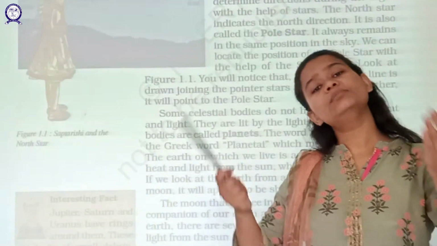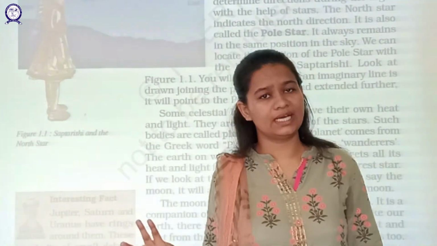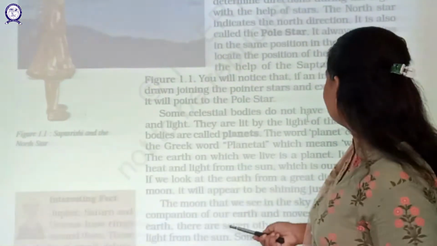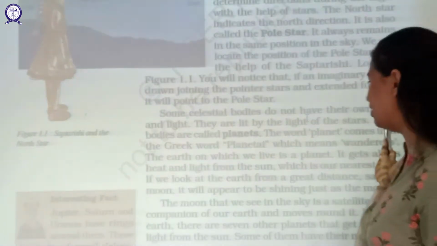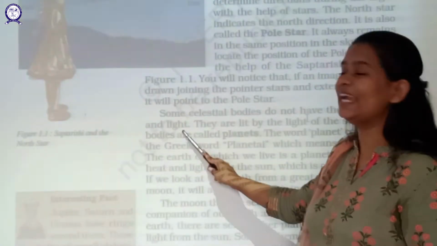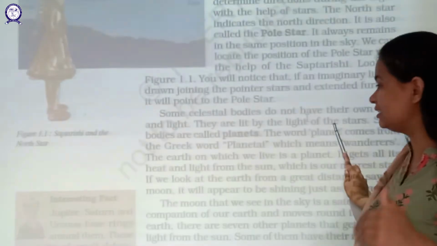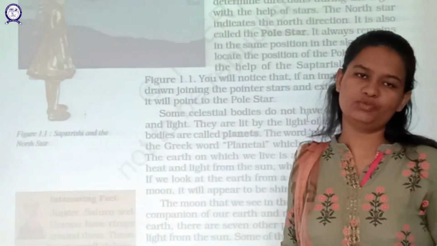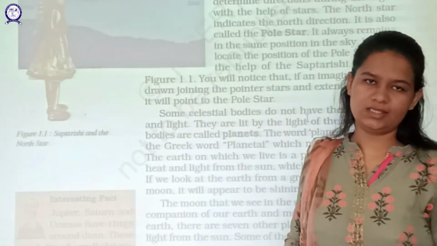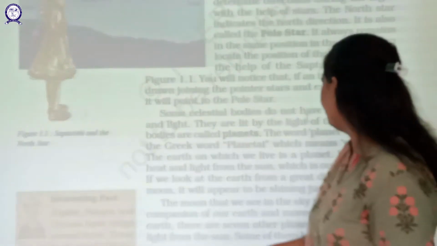On the other hand, some celestial bodies, some small bodies, do not have their own heat and light like stars. Those celestial bodies are called planets. So if someone asks you what planets are, what will you say? All those celestial bodies which do not have their own heat and light are called planets.